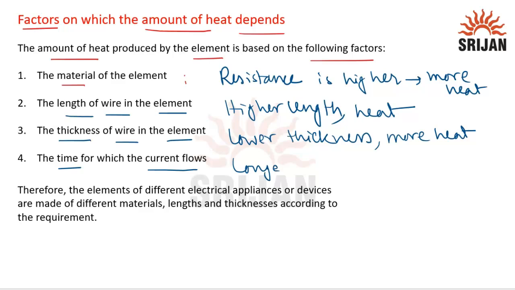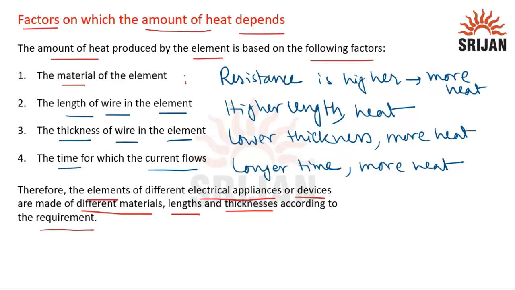So longer the time of flow of current, more heat is produced. That's why the bulb was hotter in the second case. Therefore, the elements of different electrical appliances or devices are made of different materials, lengths and thicknesses according to the requirement. I hope this topic is clear to you. Thank you.